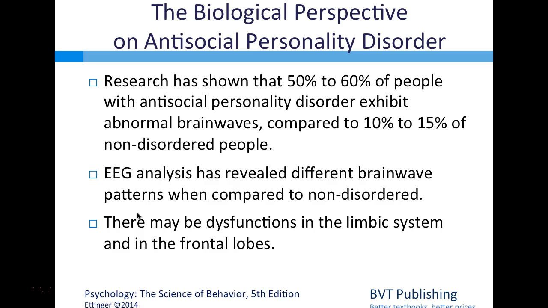There may be dysfunctions in the limbic system and in the frontal lobe. So it'll be interesting to see what happens as our technology improves and we're able to understand what's going on better in the brain, because this might become something that we can pinpoint a little better than just saying it's a personality disorder.